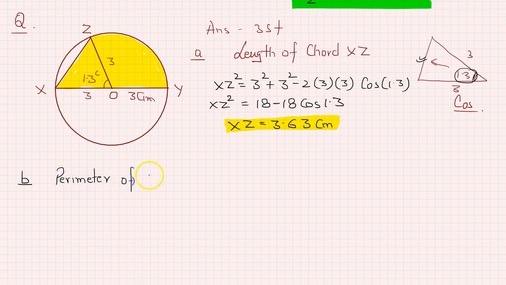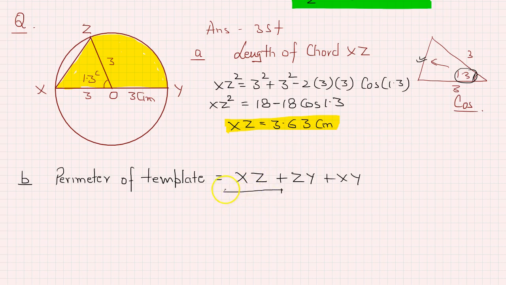Perimeter of the template. So we have XZ plus ZY plus XY.